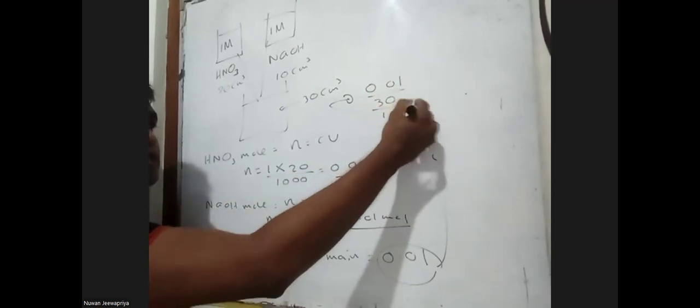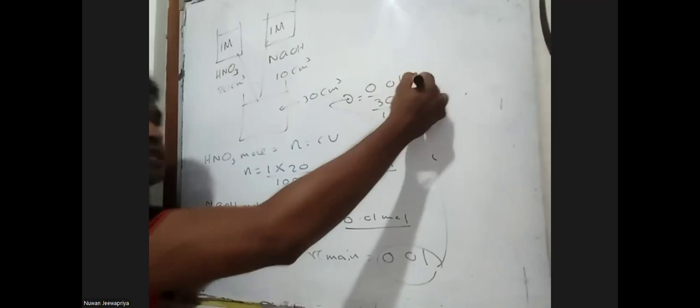Convert to decimeter cube to find the concentration. If we have the calculator, you can find it now. When we find the concentration, that is 0.01 divided by 30.